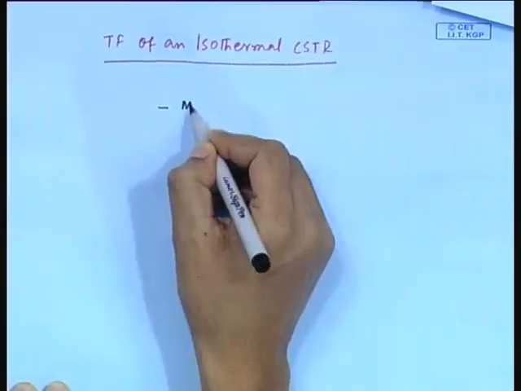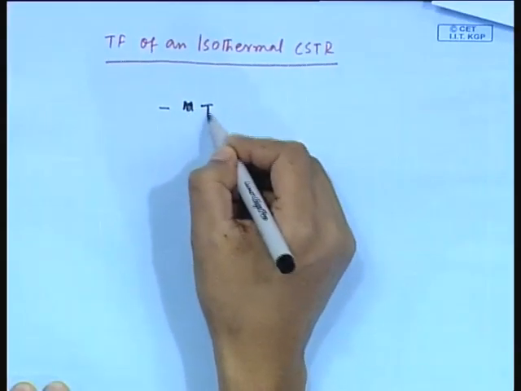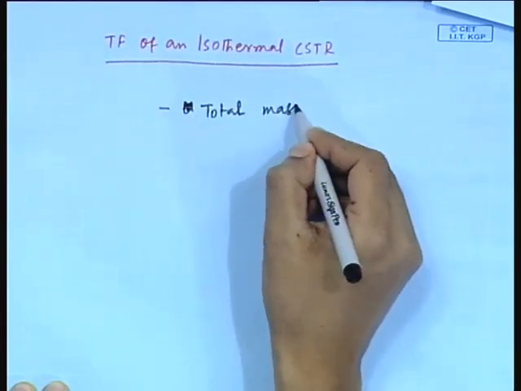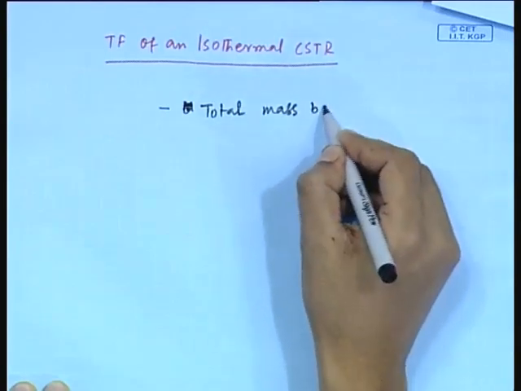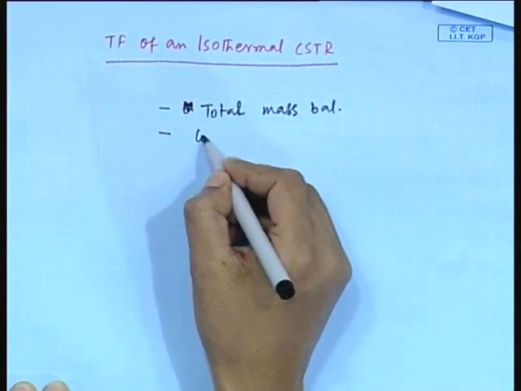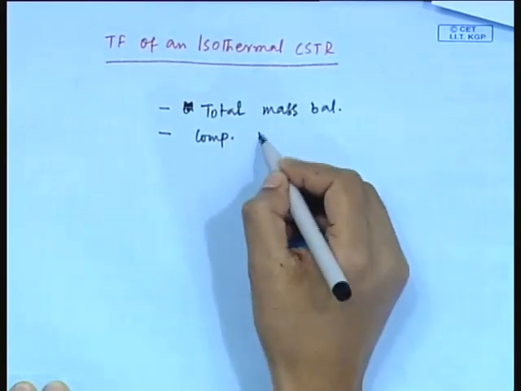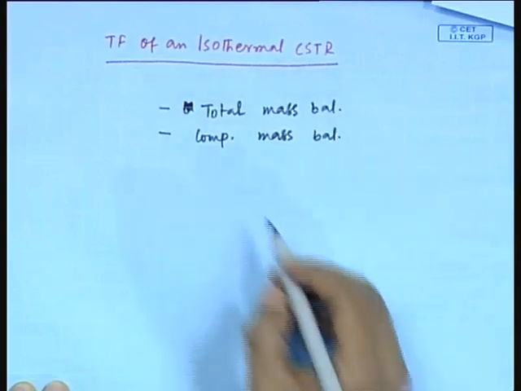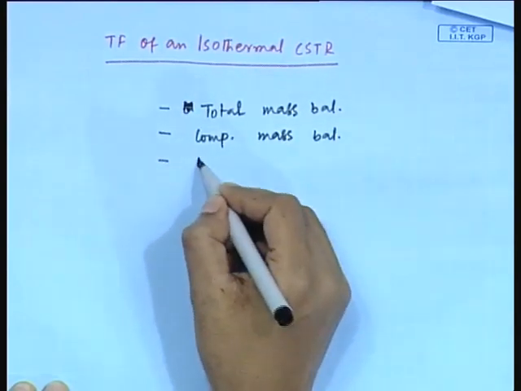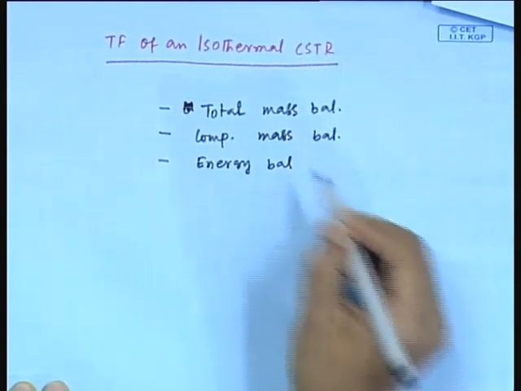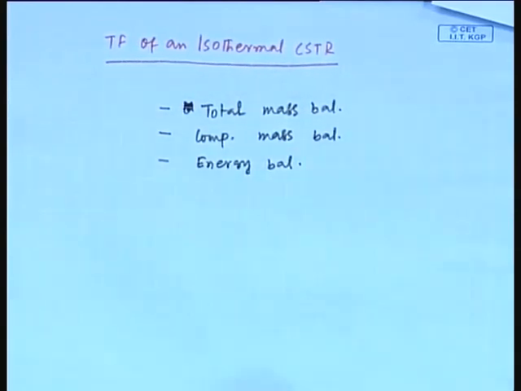One is based on mass balance, I mean total mass balance. Second equation we got based on component mass balance, and another equation, I mean third equation, we got based on energy balance.